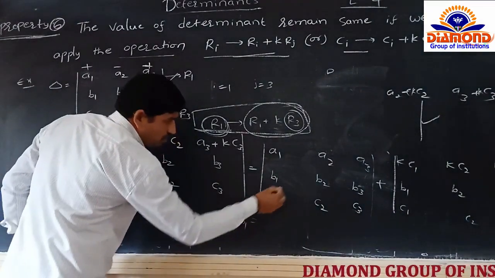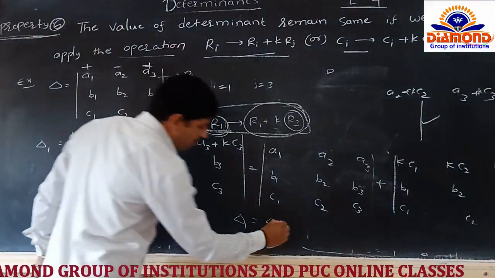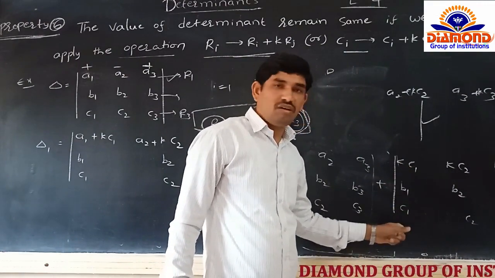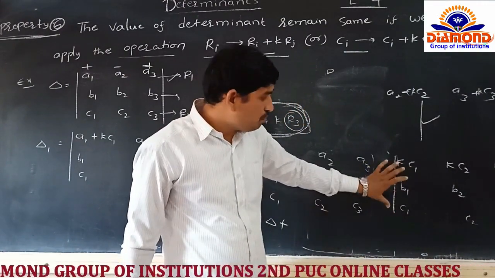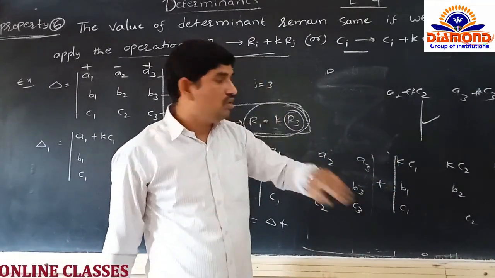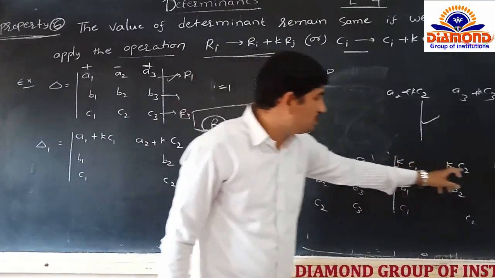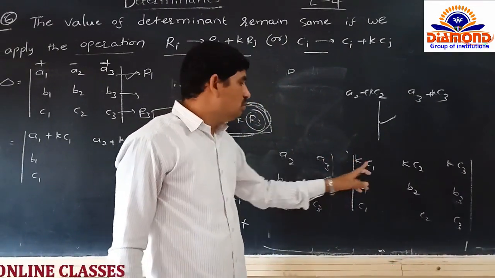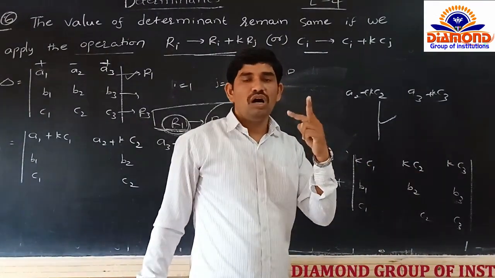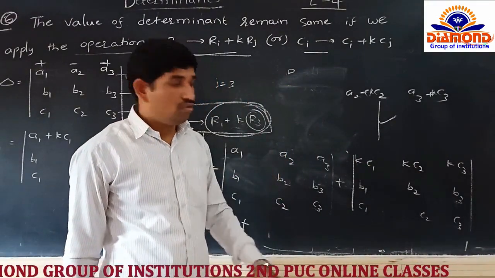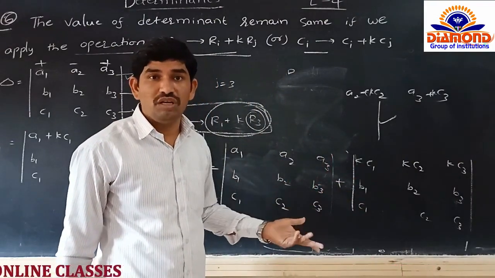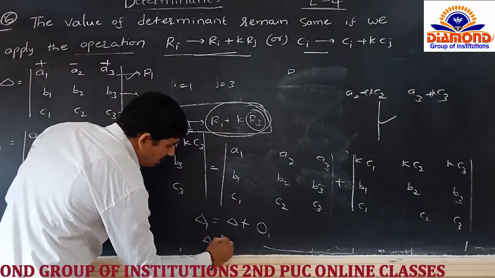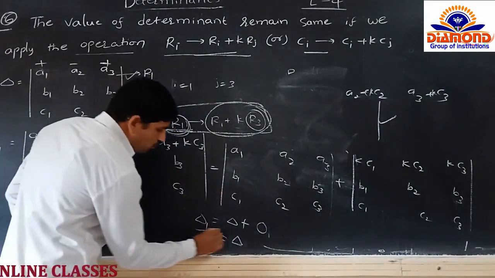So delta 1 is equal to delta plus another determinant. See here, R1 and R3 are proportional to each other, which is property number 4, because R1 has K into C1, C2, C3 and R3 has C1, C2, C3. Taking K outside common, R1 and R3 are identical. If rows are identical or proportional, the determinant is 0. That's why delta 1 is equal to delta.